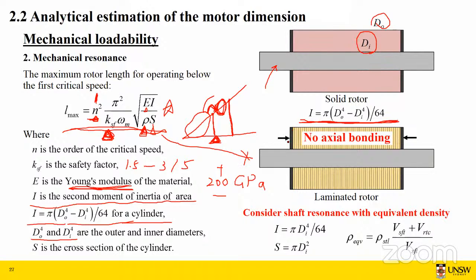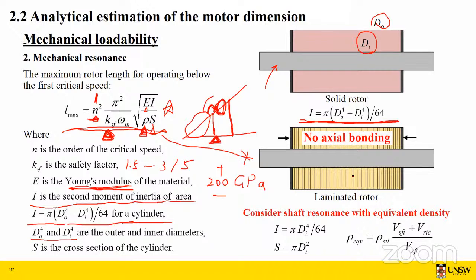That is because a laminated rotor is actually a stack of very thin laminations, and normally they are not glued together. So we consider they don't have any axial bonding effect, any axial bonding force that can help prevent shaft resonance.